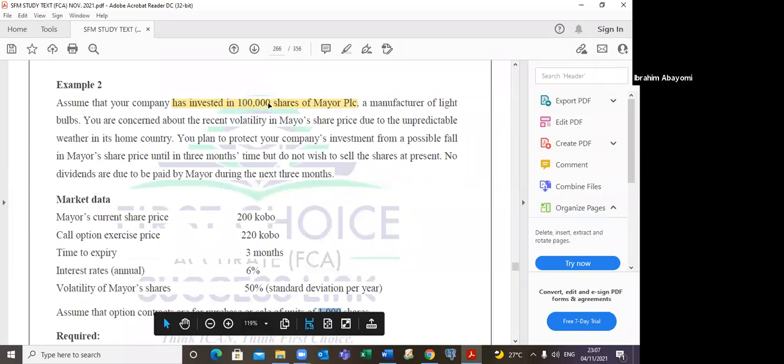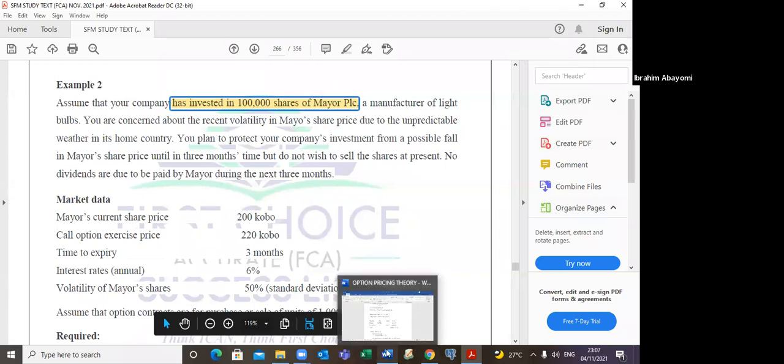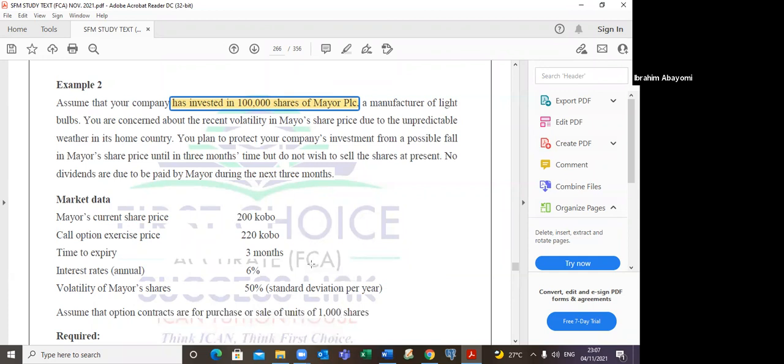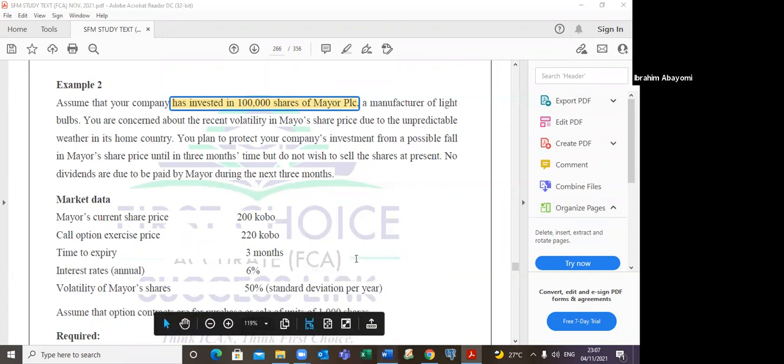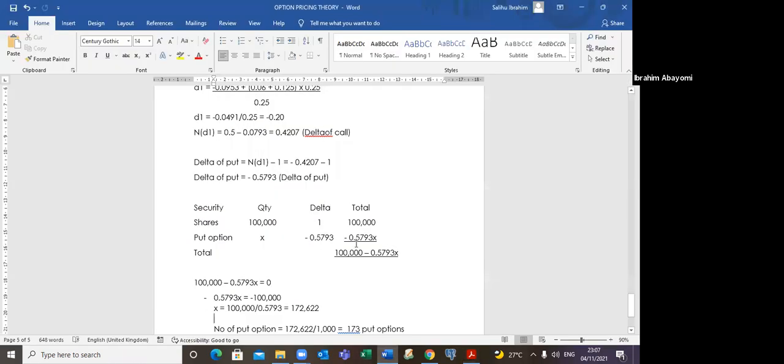I have 100,000 shares, and one option will cover what? 100,000. So is what you have computed here enough to cover that 100,000 shares? If yes, then you say the option is likely to be successful. If not, it might not be successful. So there is no calculation at all. You don't have to calculate anything, it's just explanatory.